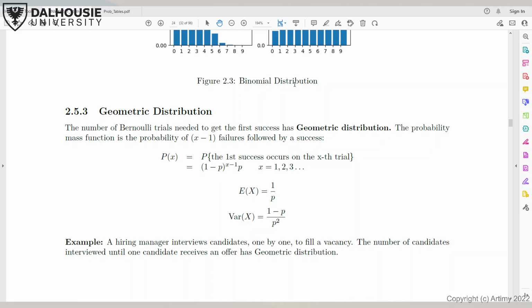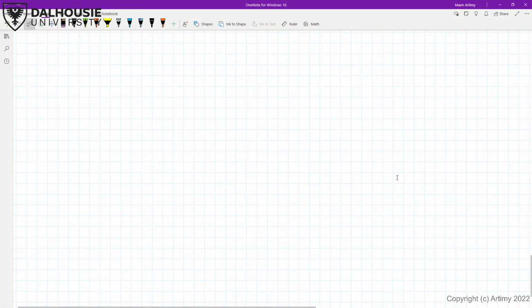That actually makes it easy to find the formula. If I make a trial and the trial fails, then fails, then fails, and then finally we get a success at the end.